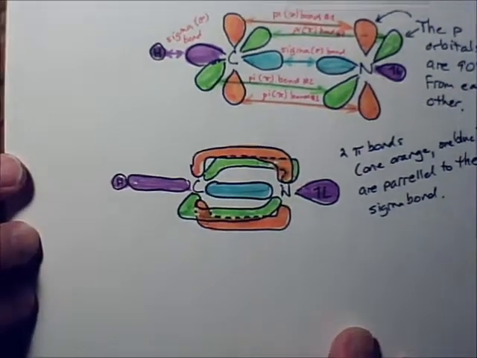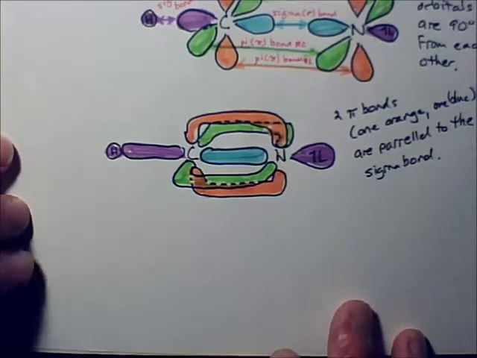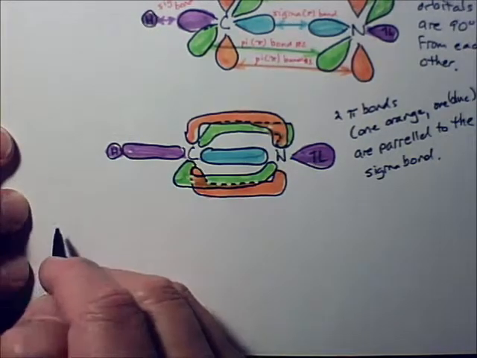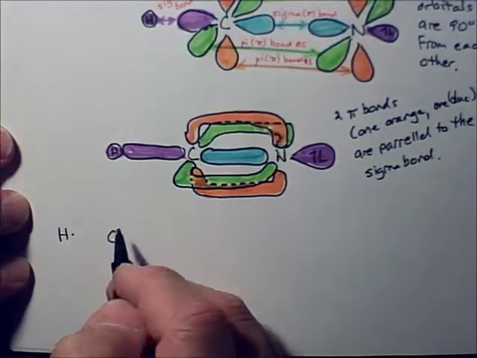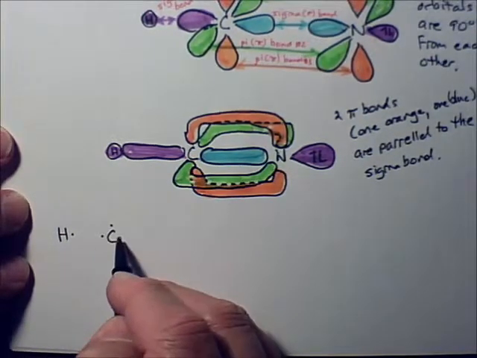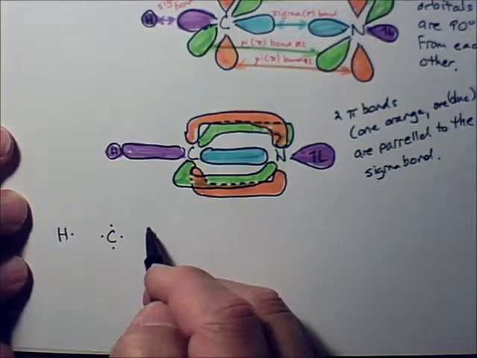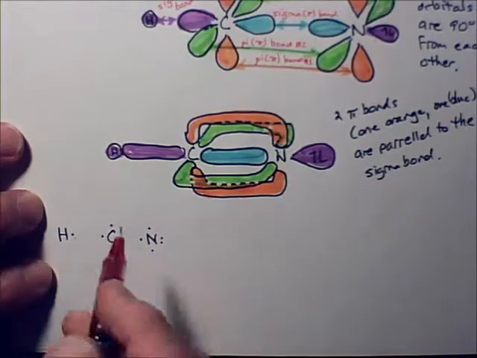Okay? All right, really quickly, I want to go over the electron dot formulas and the way we get to the molecular shape of this. Okay? So hydrogen has how many electron dots? Carbon has how many electron dots? 4. Nitrogen has how many electron dots? 5.